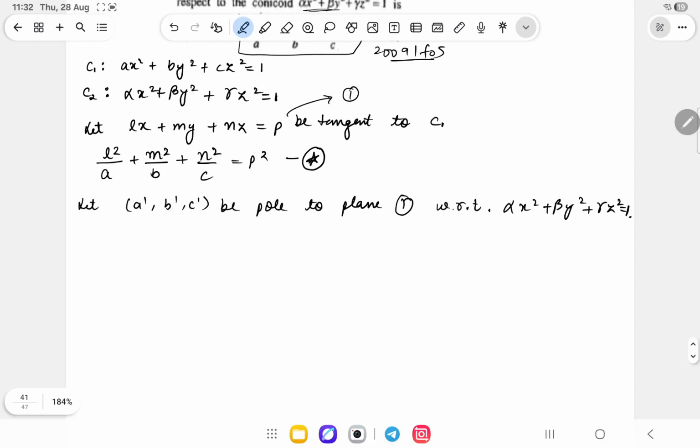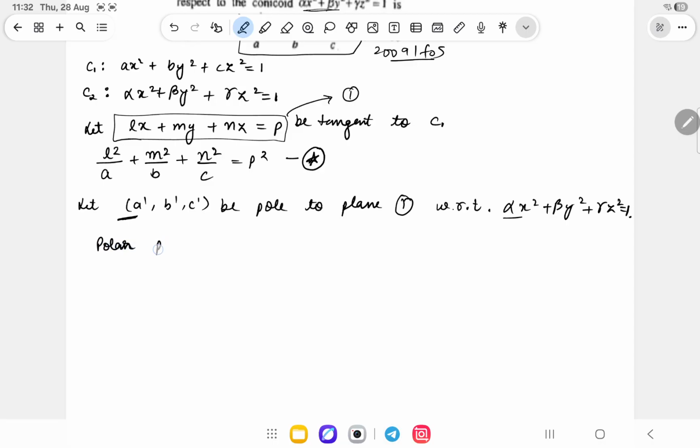If you know the definition of pole, then the pole of a given plane is any such point whose polar plane is equal to the given plane. So the polar plane of this point with respect to this conicoid will give us the same plane as this. So let us find out the polar plane.